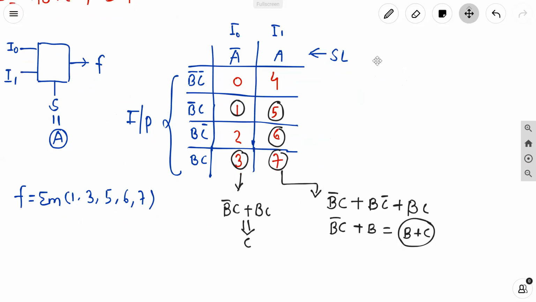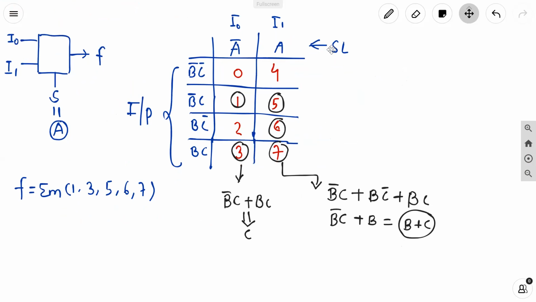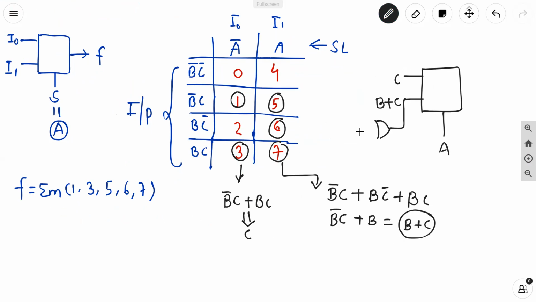When I discussed this with the 2:1 MUX in standard form, we saw that this multiplexer will have A at the select line, C at I0, and at I1 the combination B plus C, which is nothing but the implementation of an OR gate of B and C. Like this, we implement this function using a 2:1 MUX.